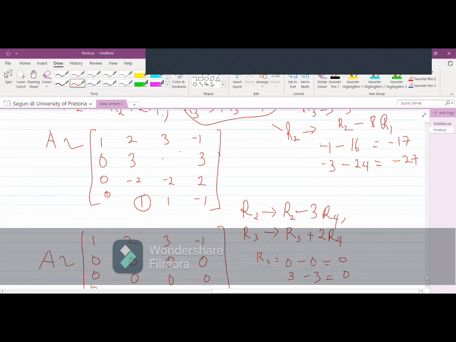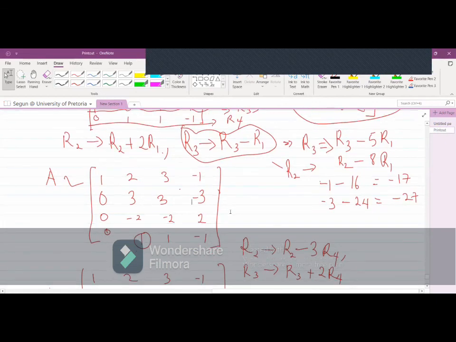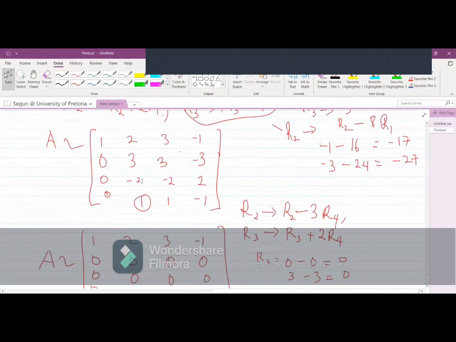So, what do I clean here? 3, is it 3 or minus 3? Minus 3. Okay. So now, what do we do here? We notice that there is negative for row 2, and we know that row 1 is easier for us.